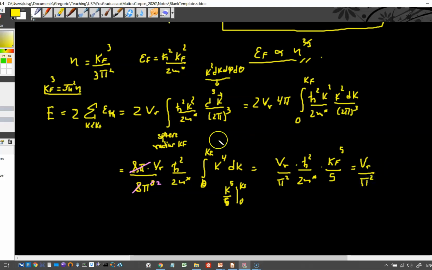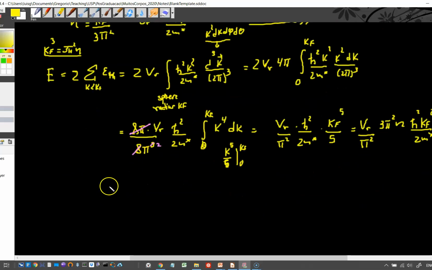There's going to be 3 of these 5 factors of kf, I'm going to join and substitute by 3 pi square times the density. And the other 2 I'm going to put together with h bar square over 2m star. All right? Okay, why did I do that? Well, so that things are neat now. So remember, we're calculating the energy. All right. Okay, so let's cancel some things out here.